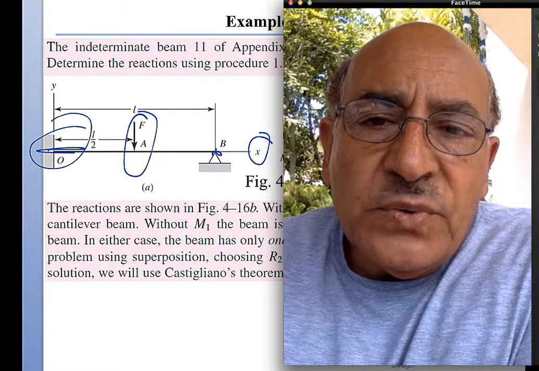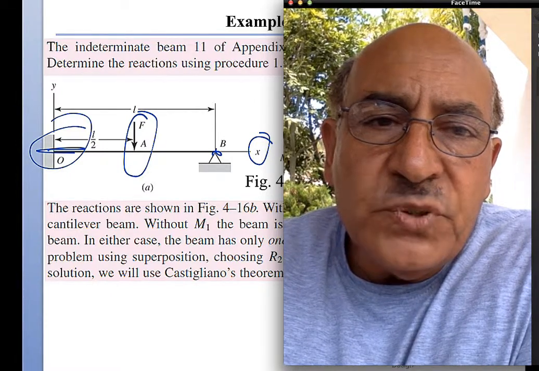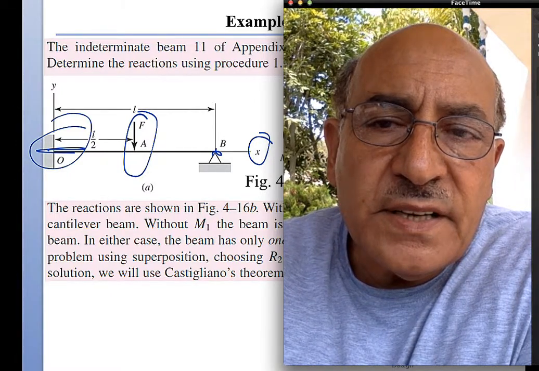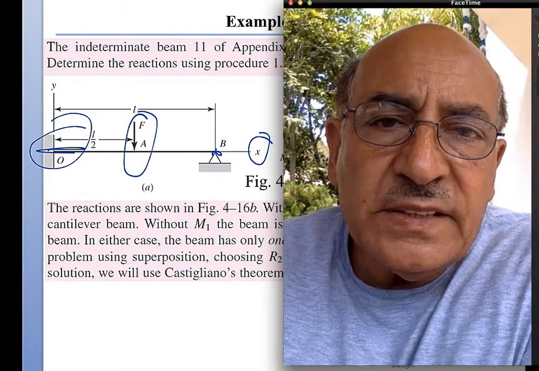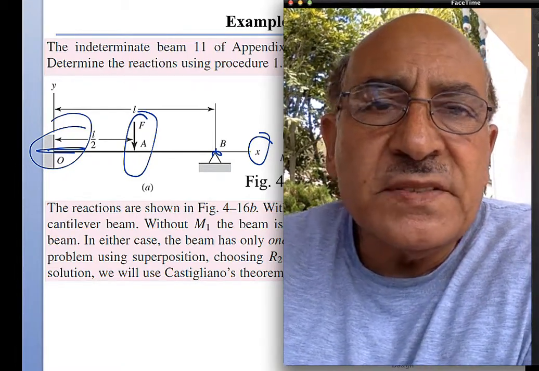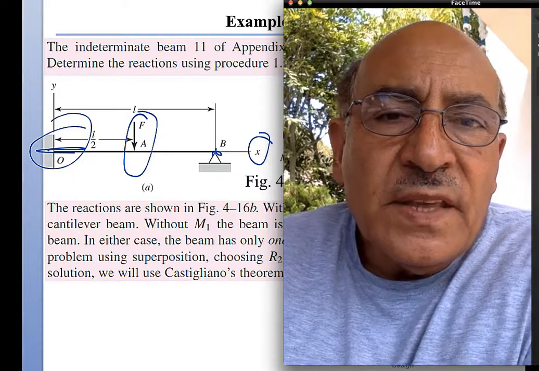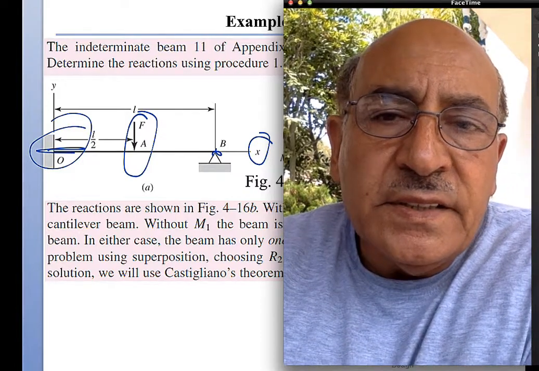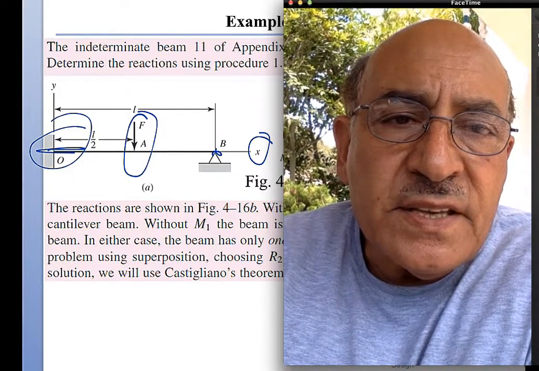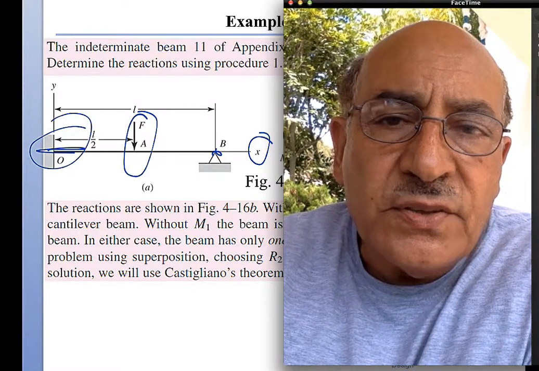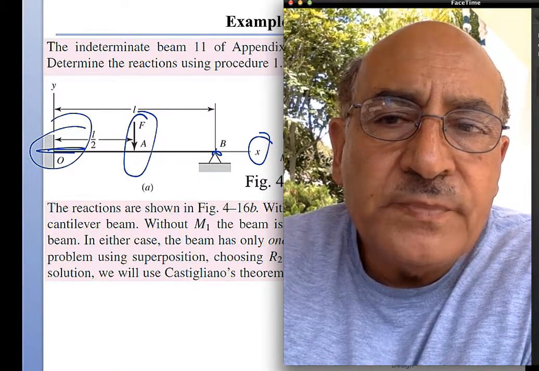So we would like to compute the reactions in this case. We just want to find the free body diagram because it unlocks the whole issue of deflections and stresses and rotations. So once we find the free body diagram.